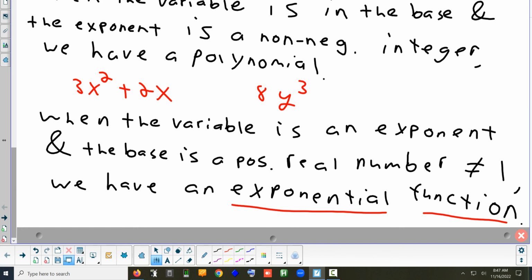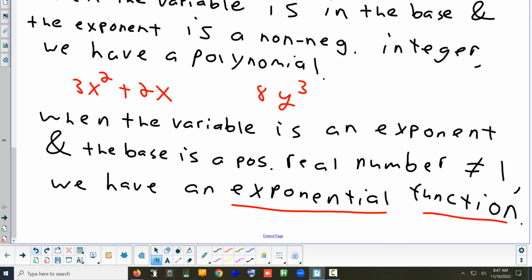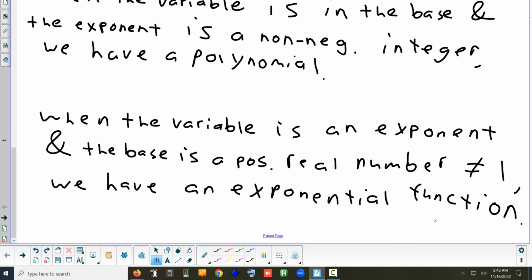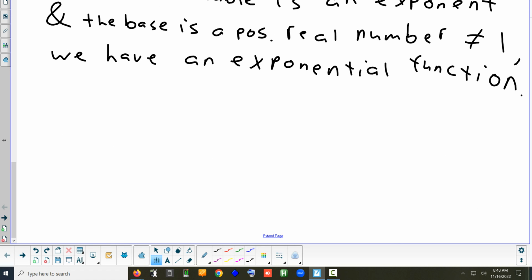Now, I said that the base can't be 1. Let's see why not. Let's look at what happens if the base was 1. What would happen if you start plugging numbers in for x and the base was 1? The answer would always be 1.